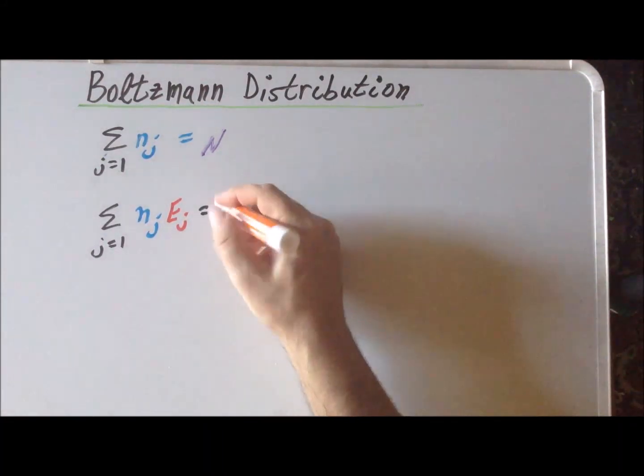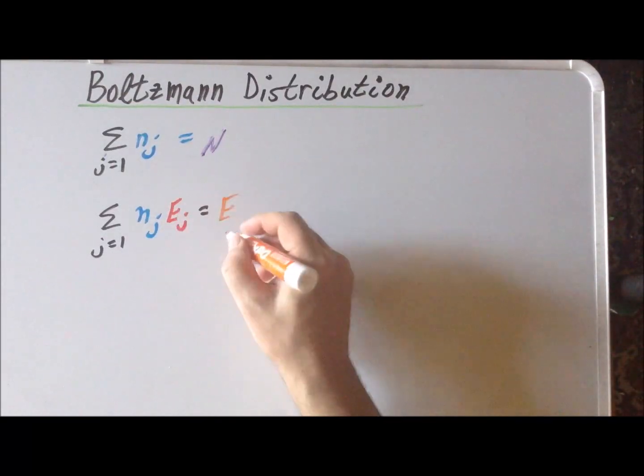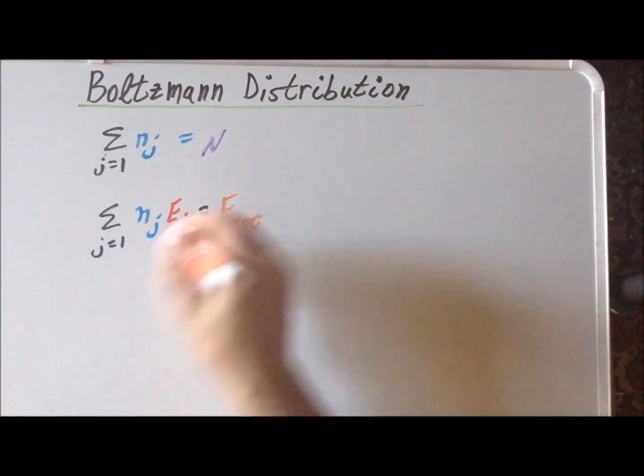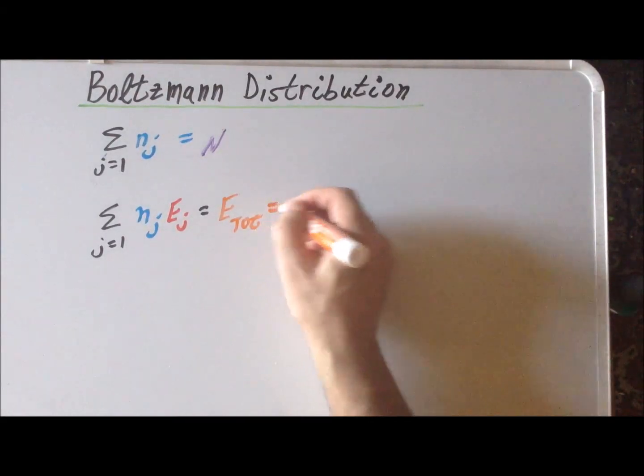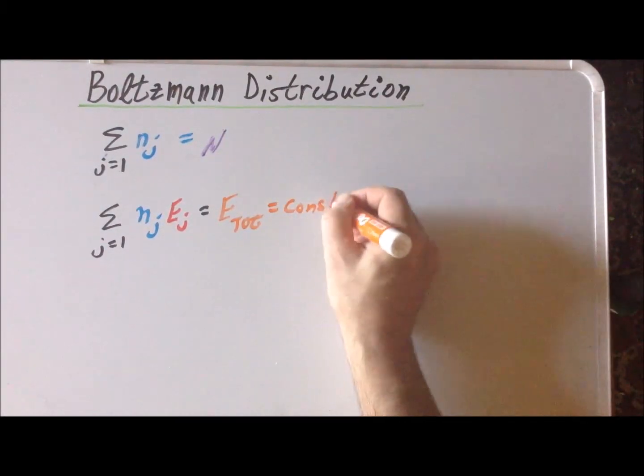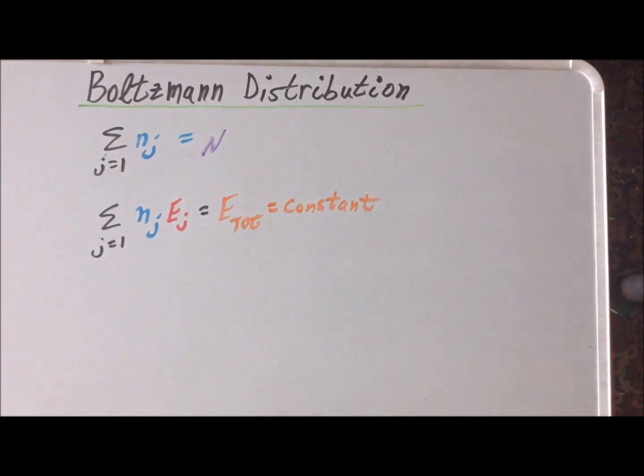Which again, we'll put in a slightly different color here, just to distinguish the total energy from the energy of a particular energy level. An important thing to see here is that this is going to be a constant. So we have the law of conservation of energy that we're going to impose on our canonical ensemble. We'll see that these two sets of summations are important restrictions on our canonical ensemble.